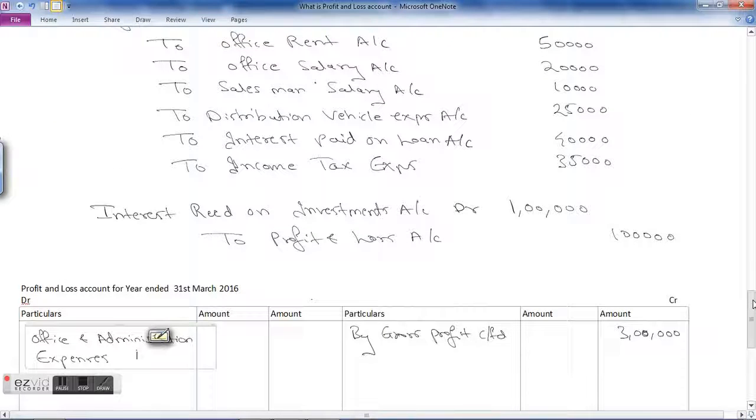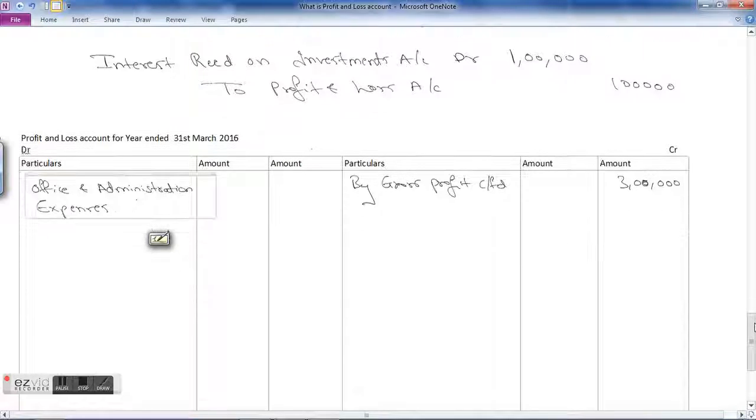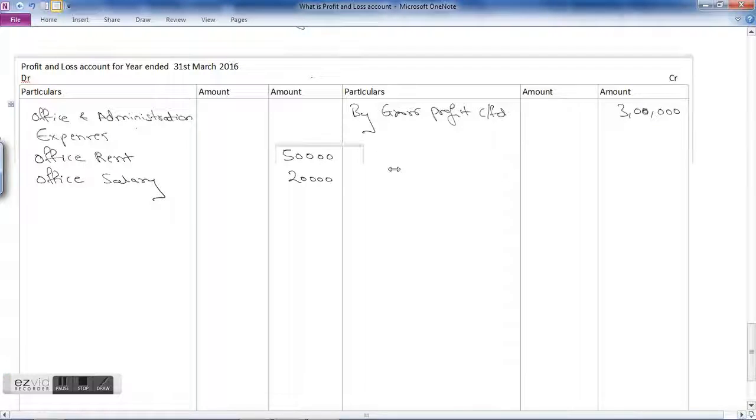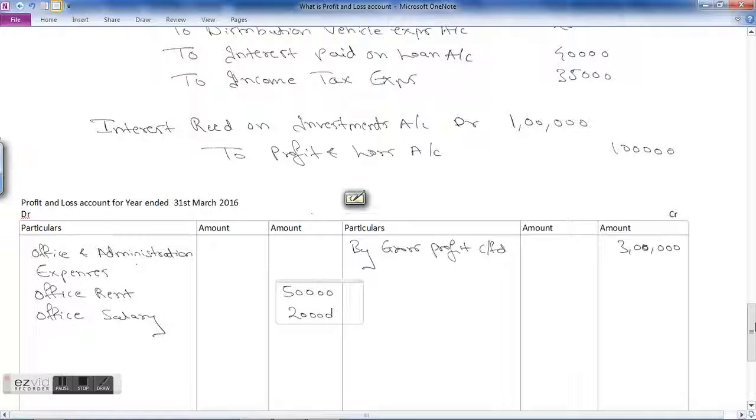Office rent 50,000, office salary 20,000.